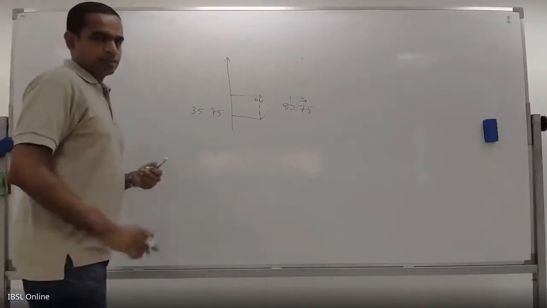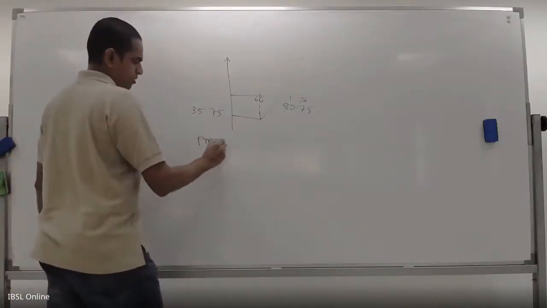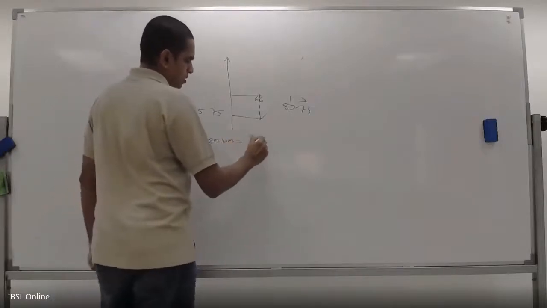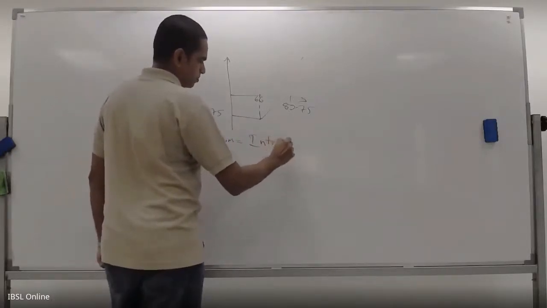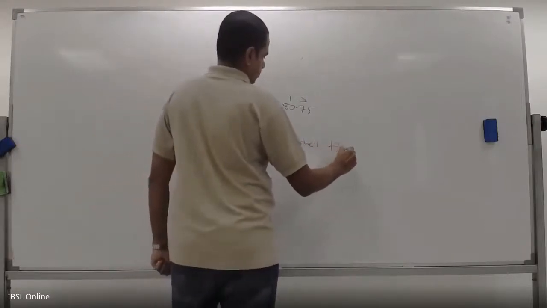You want to calculate the intrinsic value and the time value of this option. So the premium, what you know is that the premium is equal to intrinsic value plus time value.